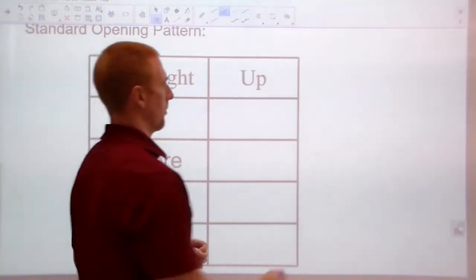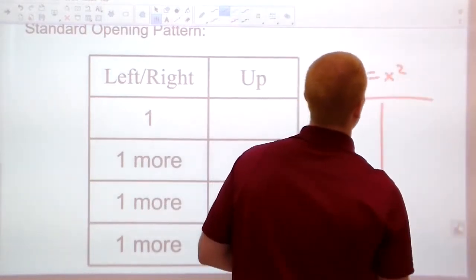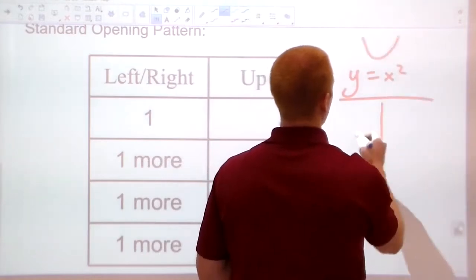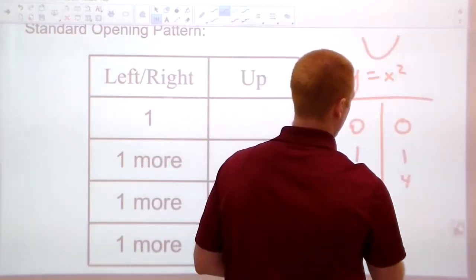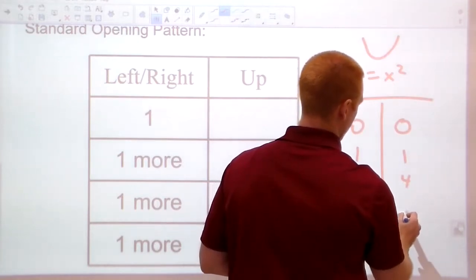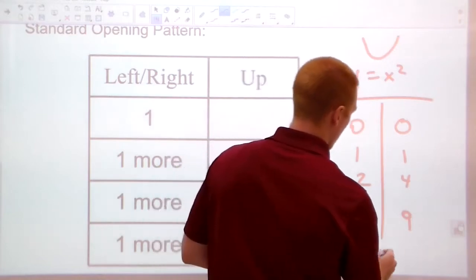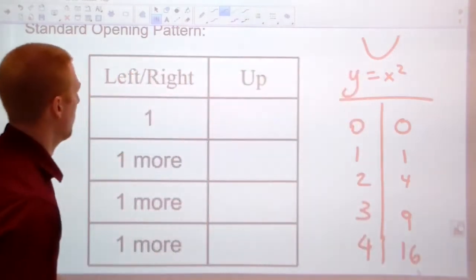So for a typical parabola, let's just say y equals x squared. Okay, well, some points on that parabola. Well, we have (0, 0), we have (1, 1), (2, 4), (3, 6), no, we have (3, 9), we have (4, 16), and we could list plenty more.